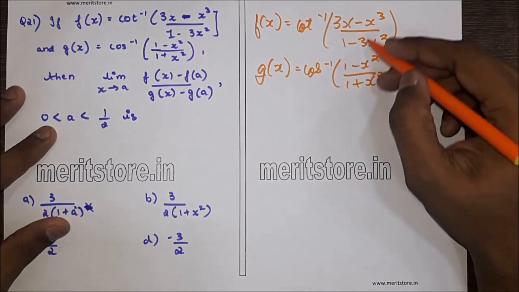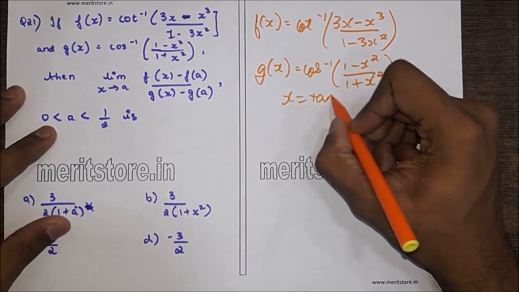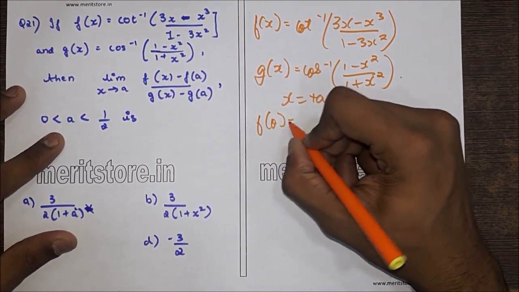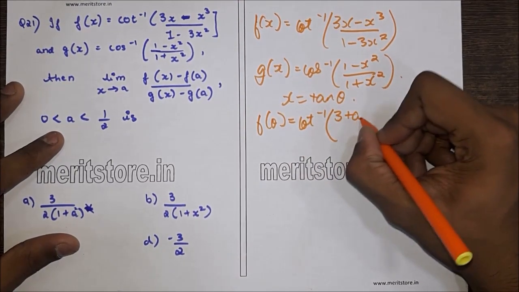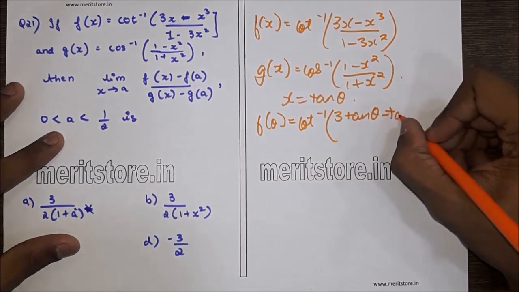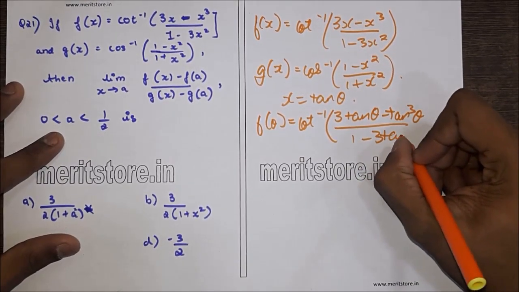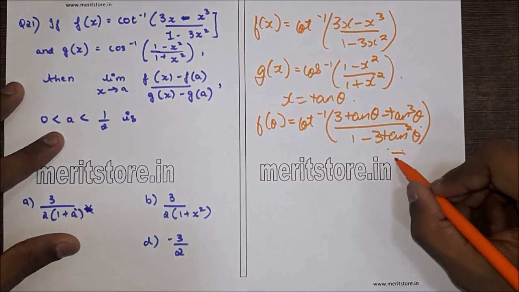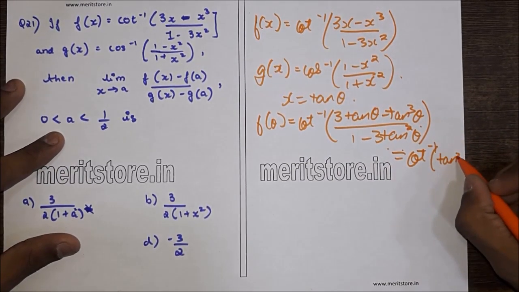Now in both these equations we put x as tan theta. Therefore we get f of theta equals cot inverse of 3 tan theta minus tan cube theta upon 1 minus 3 tan square theta, which is nothing but cot inverse of tan 3 theta.